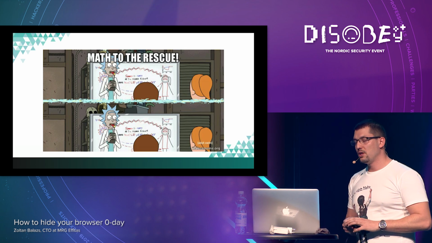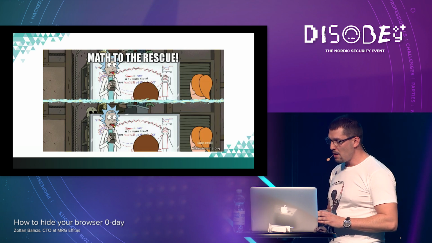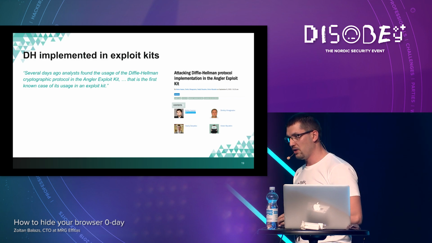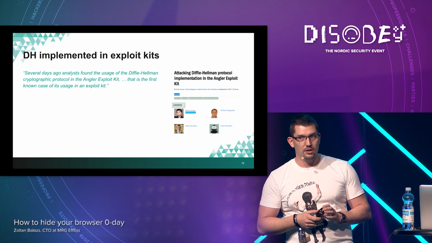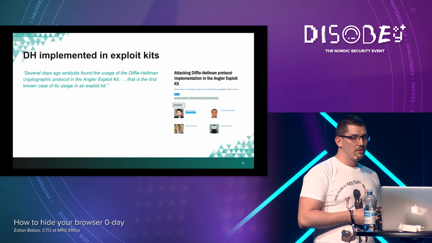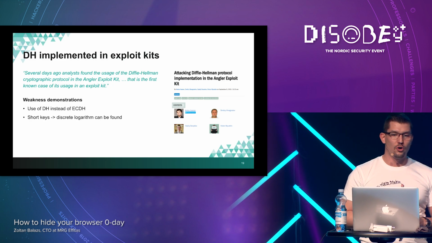But it actually turned out that because these guys in the Angler exploit kit were using Diffie-Hellman encryption, they were using some short keys.